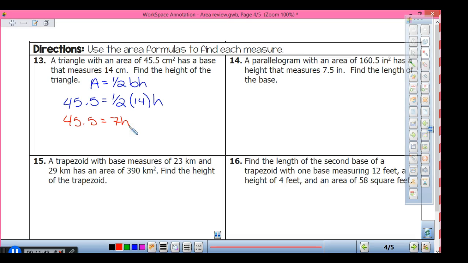And then what do I have to do? Divide by 7 to get h by itself. H equals 6.5 what? Centimeters. And it's not centimeters squared because that was my area. It's just plain old centimeters.